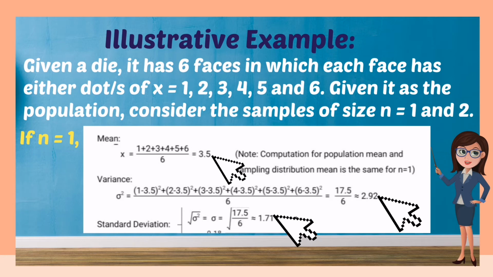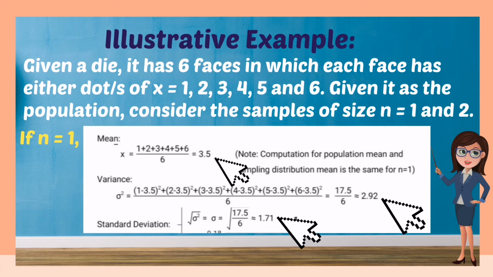Meanwhile, the formula for getting the variance is sigma squared is equal to the summation of quantity x minus mu squared all over n, which will give you 17.5 over 6, which is equal to 2.92. And in order to get our standard deviation, that is sigma is equal to square root of sigma squared, or the variance, which will be equal to 1.71.